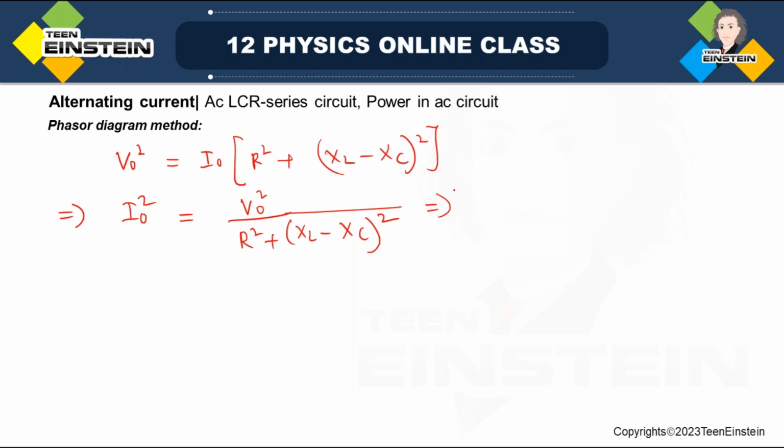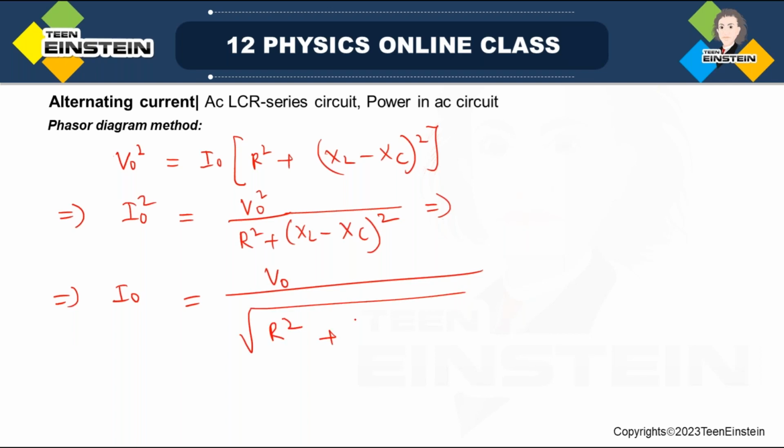And from here again we can get I0 is equal to V0, that is the amplitude of the applied voltage, divided by the square root of this.